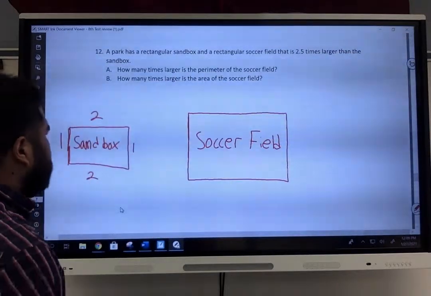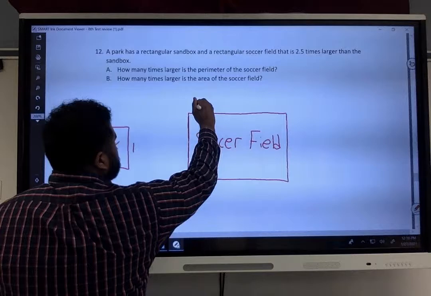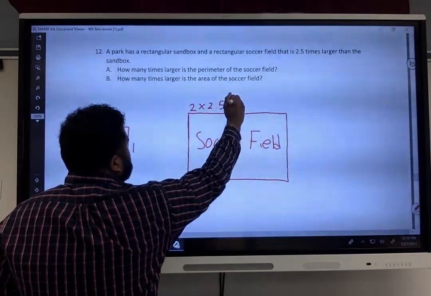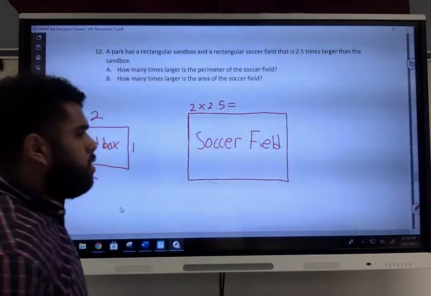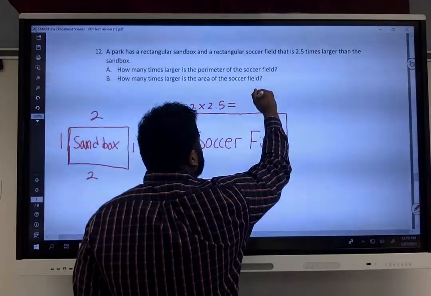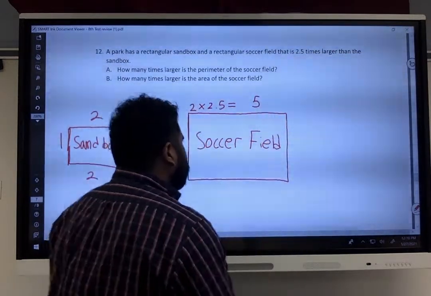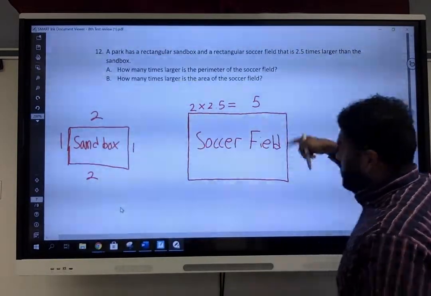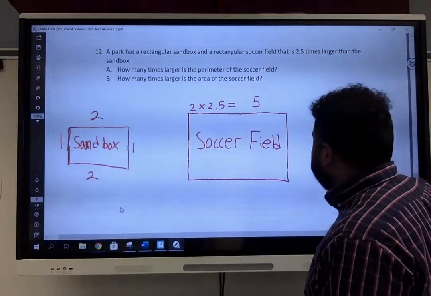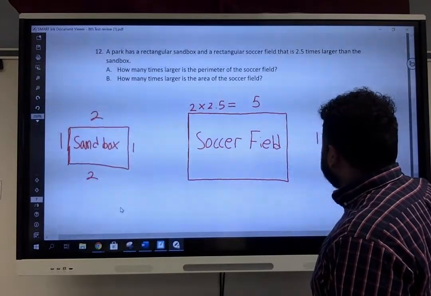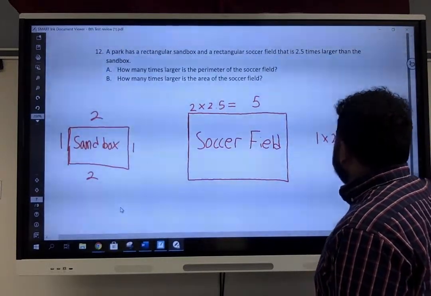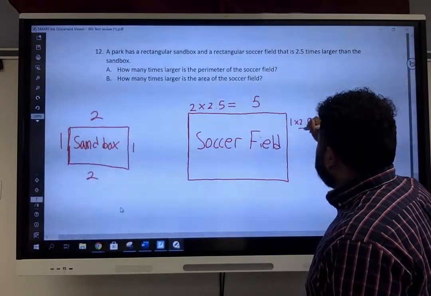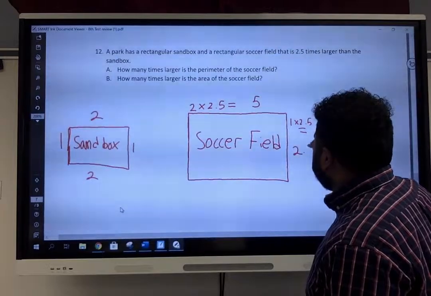So let's go ahead and do that. Let's do 2 times 2.5. 2 times 2.5 in the calculator will get you 5. And then over here, we're going to take 1, this side length and this side length, because they're corresponding sides, right? We're going to do 1 times 2.5. So 1 times 2.5 will equal 2.5.